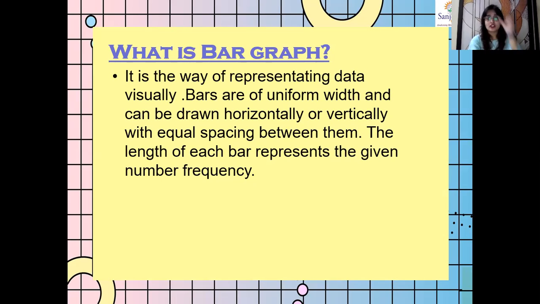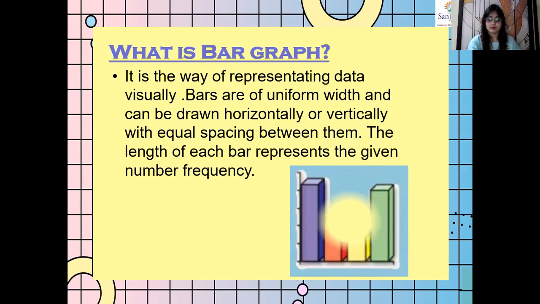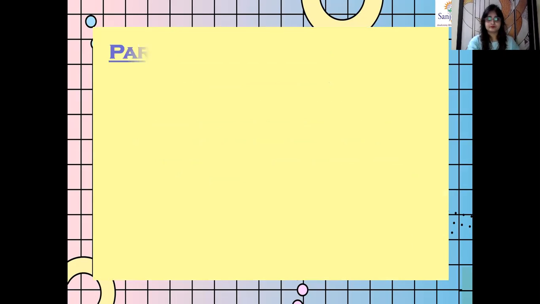So whenever you draw the bar graphs, the bars should be of equal width and should have equal spacing between them. The length of each bar represents the given number of frequency. Okay, so the length of each bar represents how many frequencies there are for that bar. Let us study more about the bar graph.